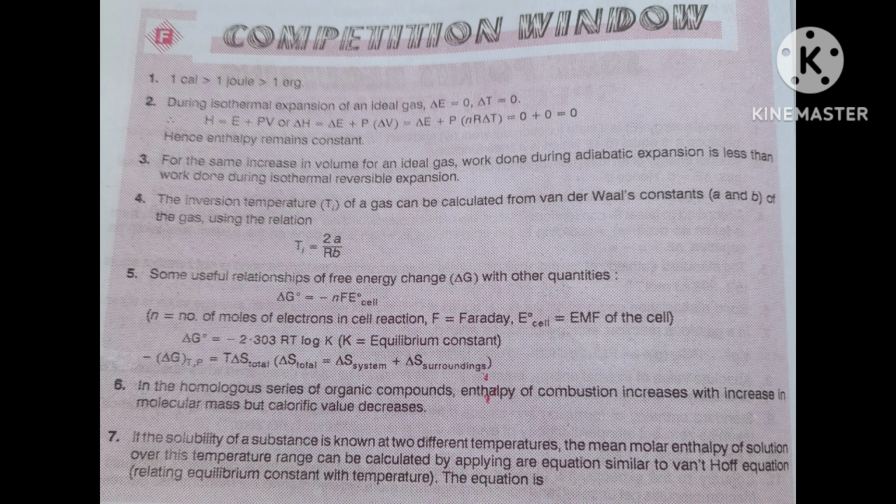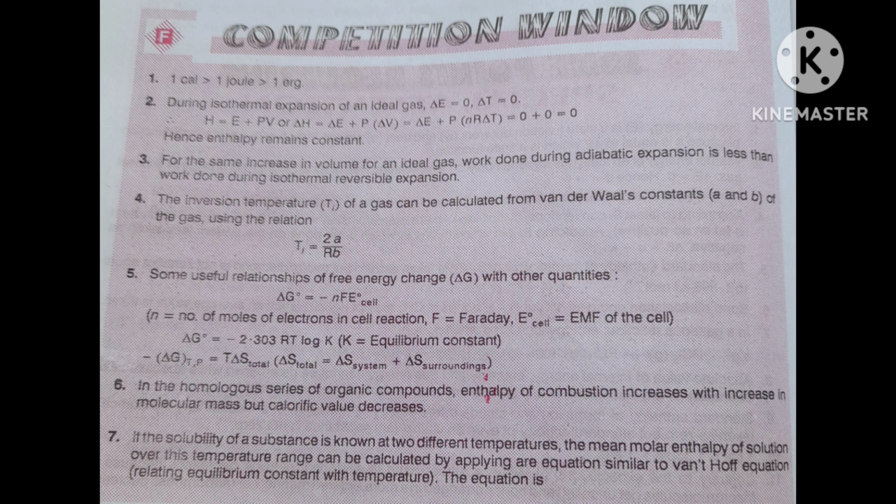So now in the equation delta H is equal to delta E plus P into delta V, delta E is equal to 0, plus PV is equal to nRT. Then T also you can write in terms of delta T, because T may change. But here, according to the condition, there will be no change.